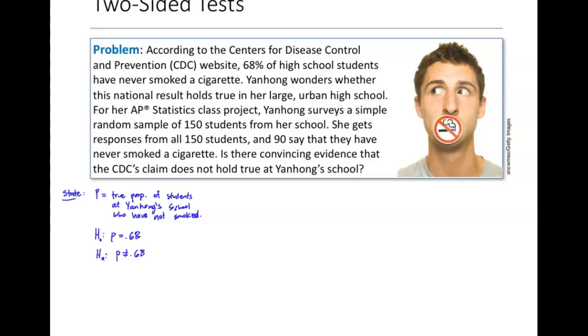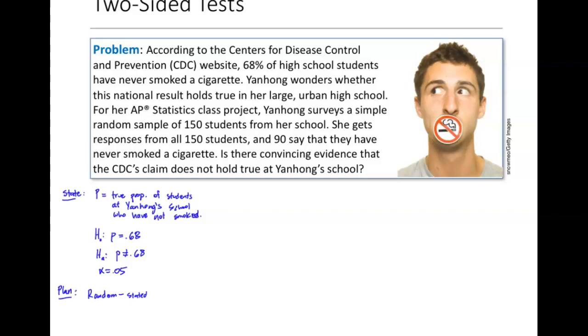Great. They don't state a significance level, so if it's not stated for you, always default to the 0.05 level. And then I'll go plan. Everybody's favorite part, checking conditions. Random.